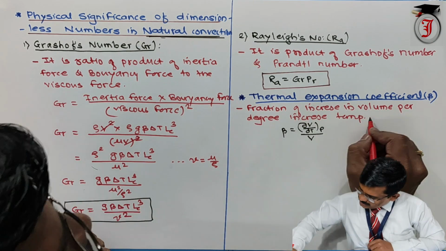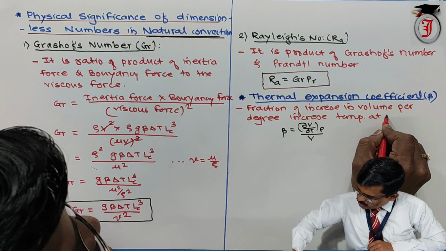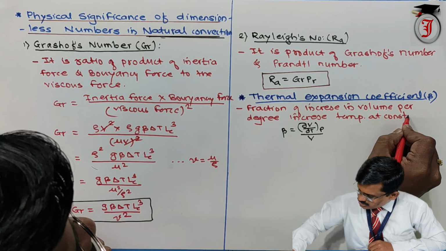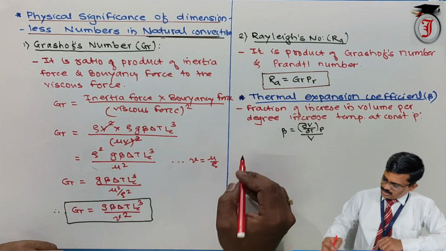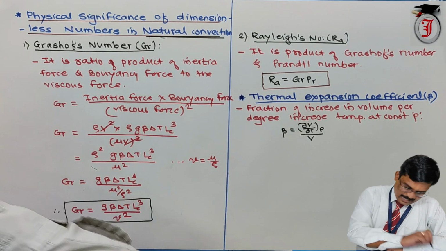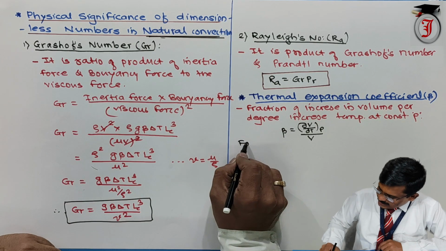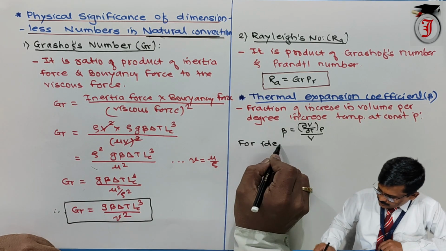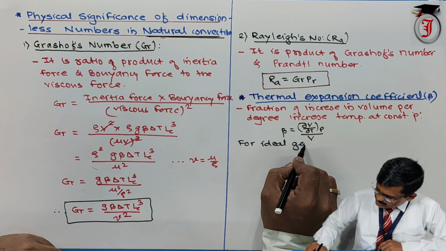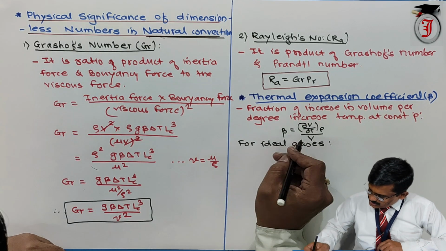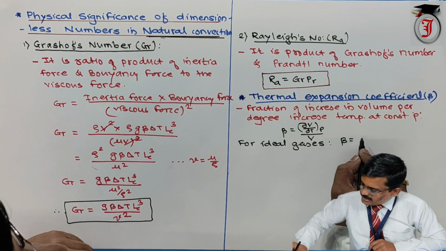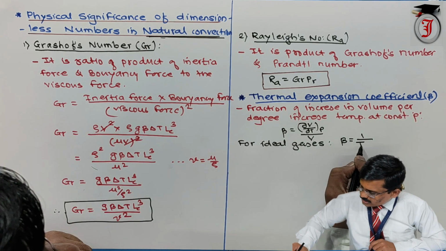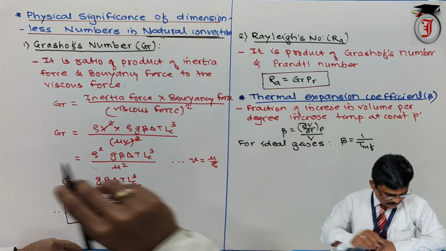But for ideal gases, this thermal expansion coefficient is given by beta is equal to 1 upon TMF.